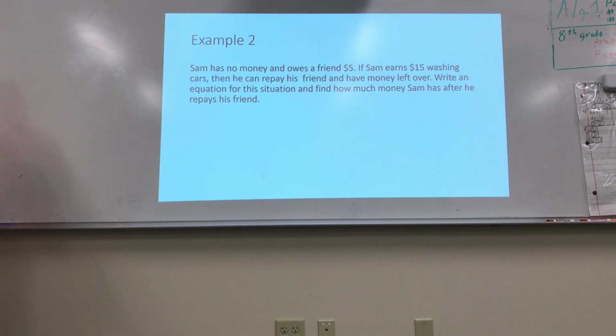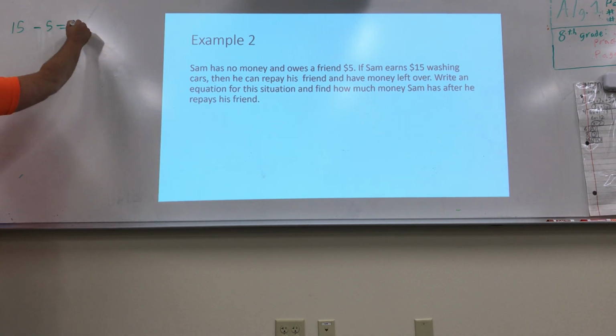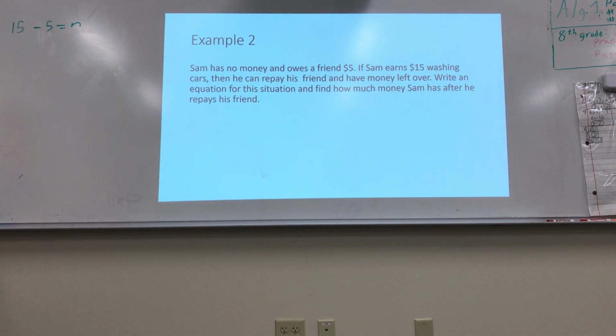So you have a total of $15 in your account. So 15 minus what you owe your friend equals n, which is what you have left over. I'm not saying this is the only equation you could create here, but this is the equation I am choosing to create.